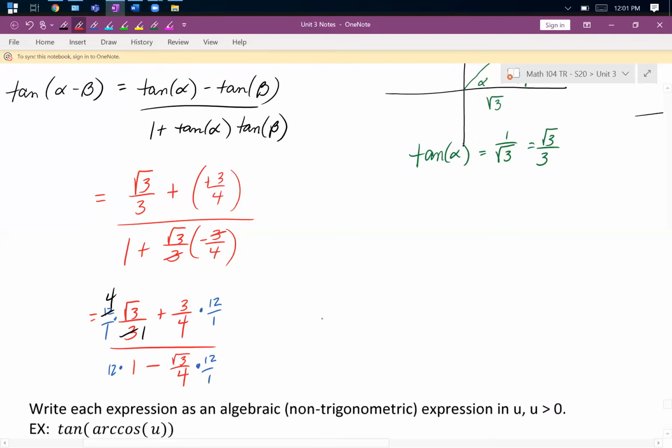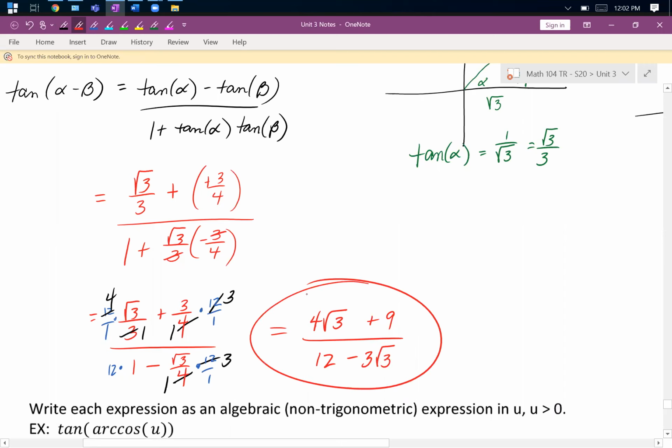So that gives us a 4 square root of 3. On the next pair, 4 goes in here once, 4 goes in 3 times, 3 times 3 is going to be a 9. In the denominator, we get 12 minus, simplifying again, 3 square root of 3. And that is fine with me as an answer. You do not need to rationalize that further.